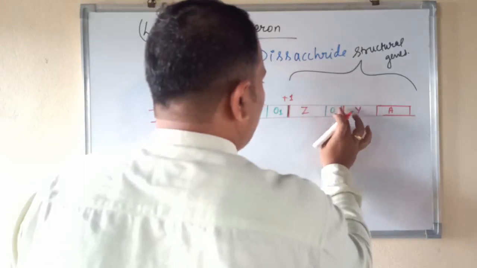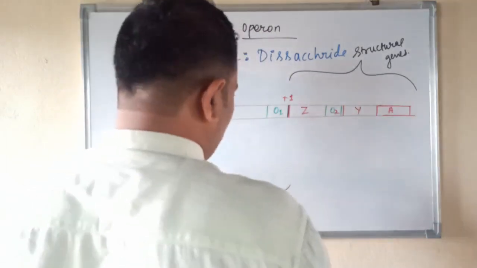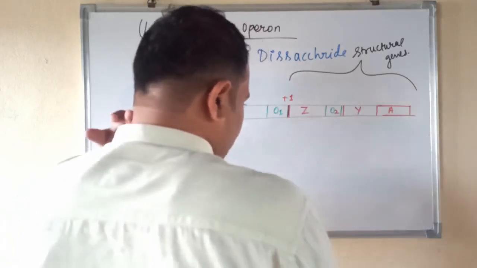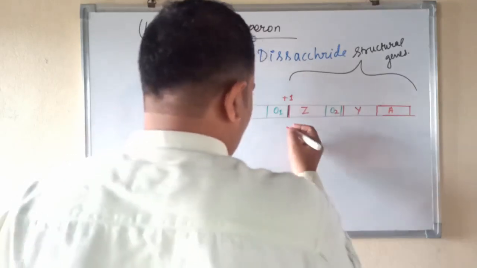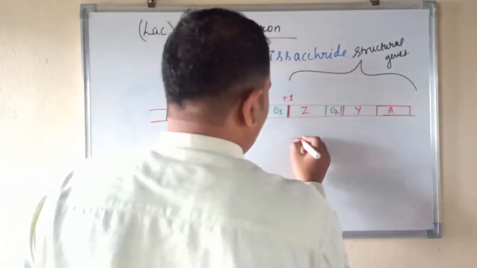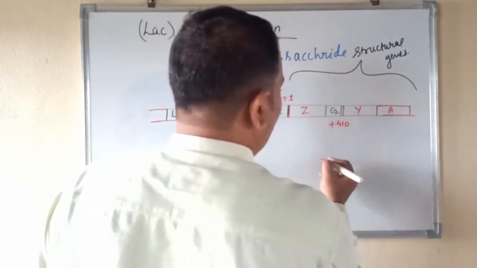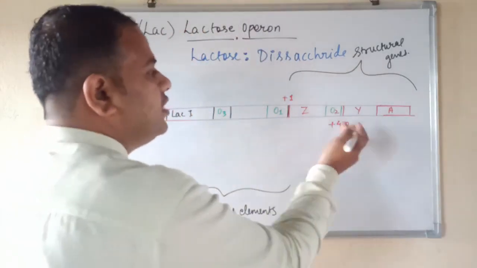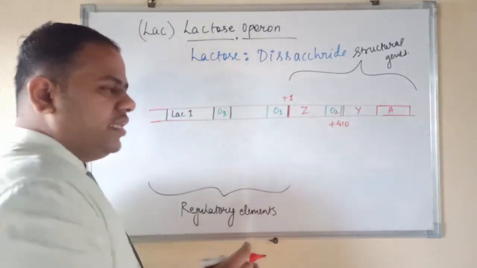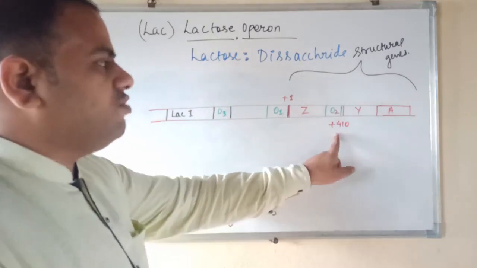The O1 operator is present right at the start site of ZYA, that is the +1 site. Then O2 is present at the +410 region, that is in the beta-galactosidase gene. So the position of the O2 operator in the beta-galactosidase gene is 410.